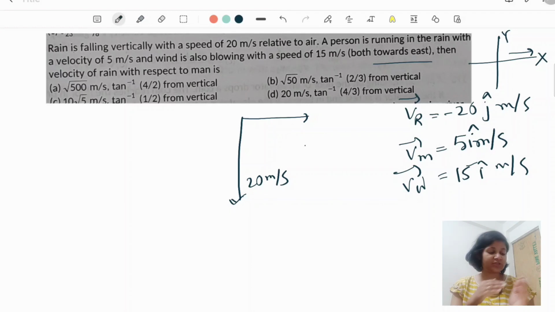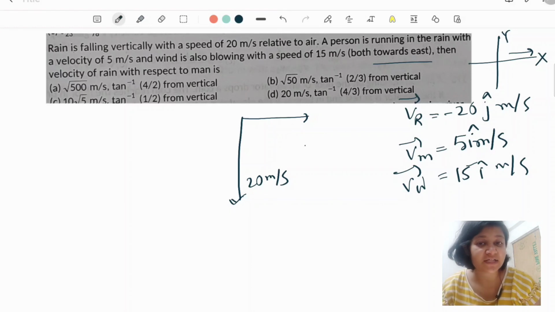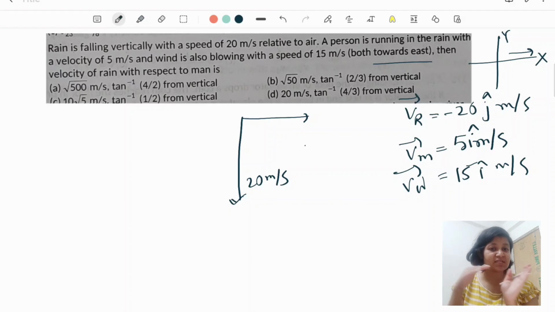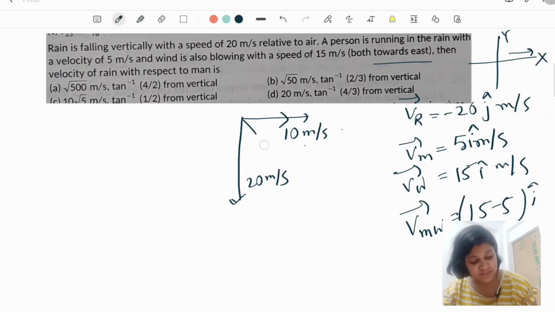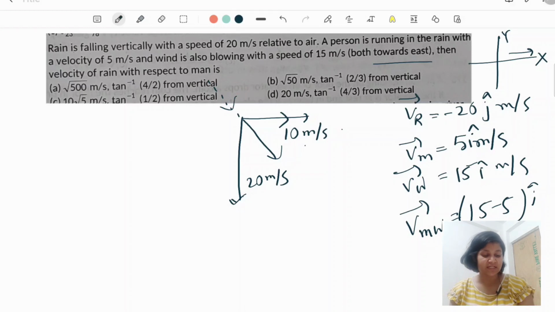So the resultant velocity along the x direction becomes, they are moving in the same direction, so the resultant velocity becomes 15 minus 5 i cap meter per second or 10 i cap meter per second. So along this direction we have a vector which is 10 meter per second. So the resultant will be obviously along this direction, or the rain will seem to come from this direction.